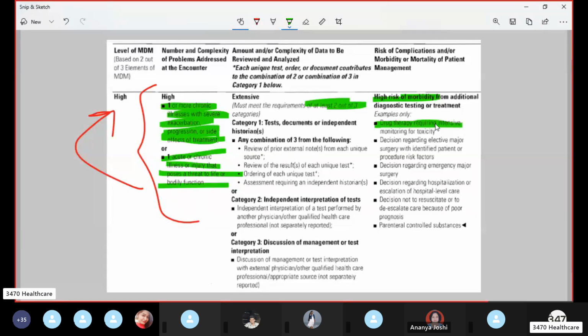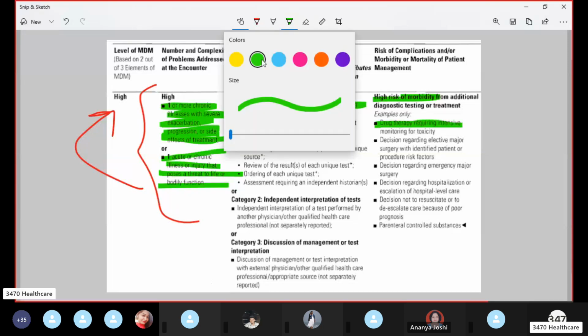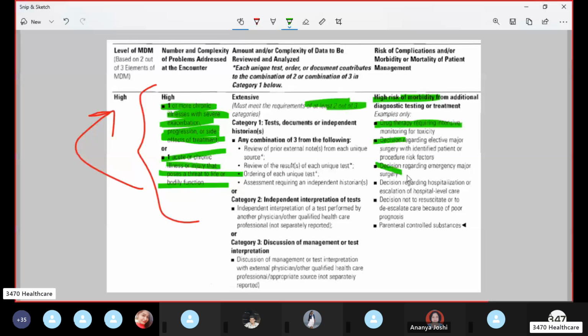If the patient has any other problems, side effects, toxicity, or allergic reactions, they will monitor. Then they will use the drugs. That is drug therapy requiring intensive monitoring for toxicity. So please read the other bullets once.